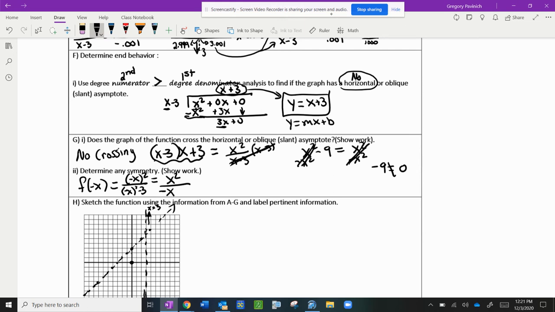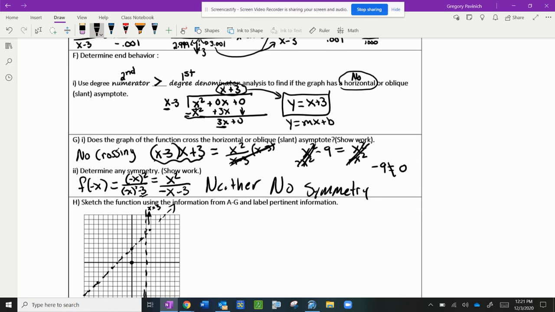Now, if it was just this, right now I have odd symmetry because my top changed, but my bottom didn't. So a positive divided by a negative would be a negative f of x. But since I have this constant term, both of my denominator terms did not change, so this is a neither. So no symmetry.